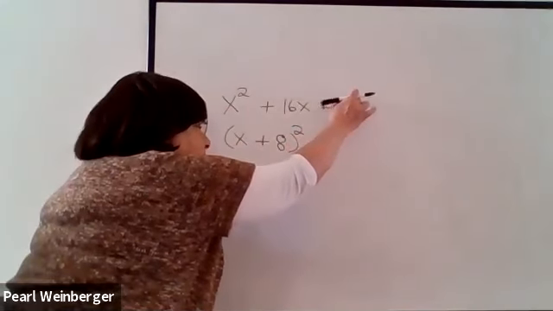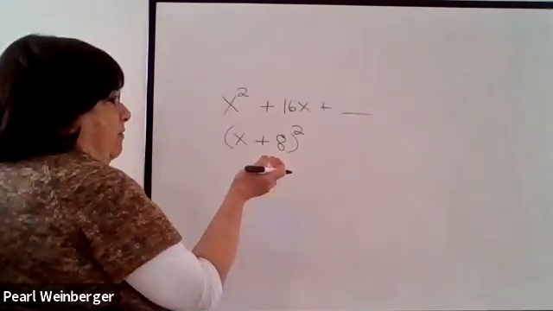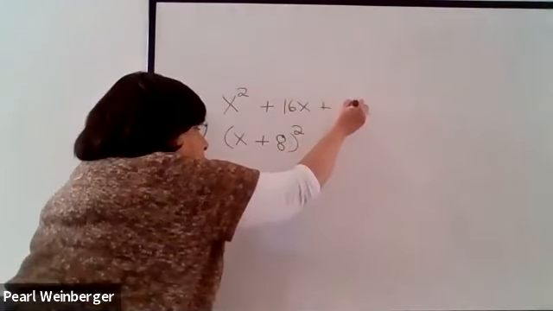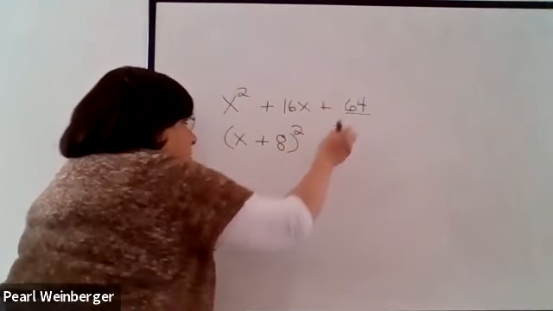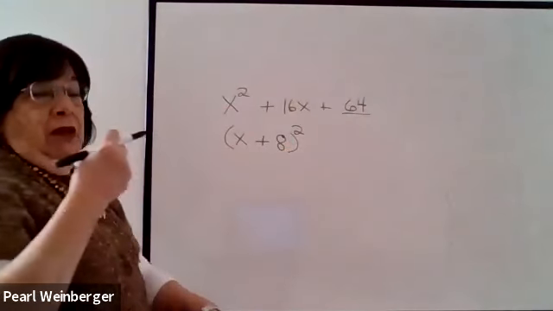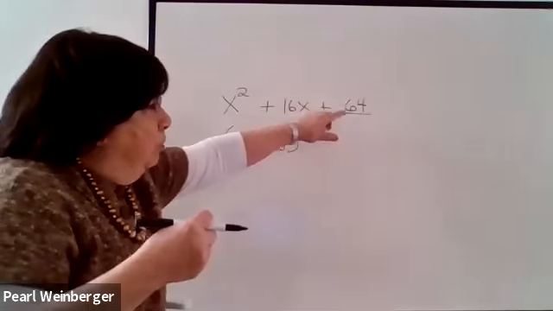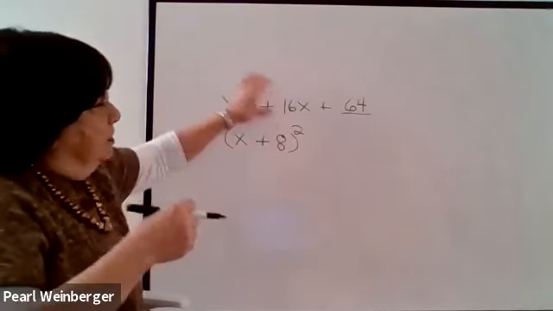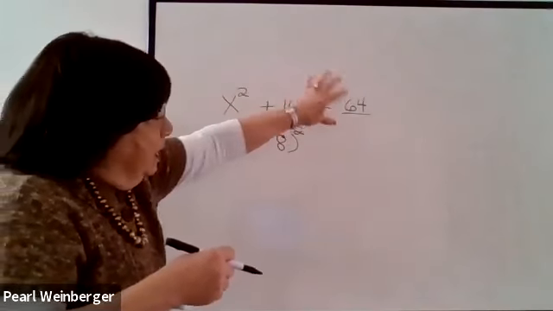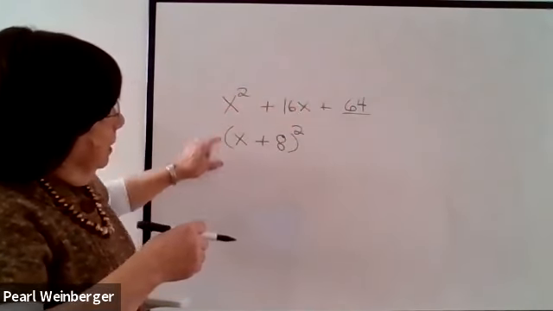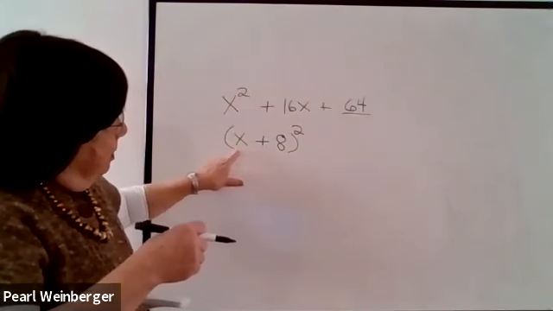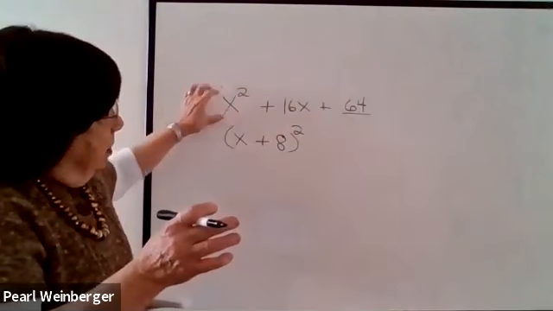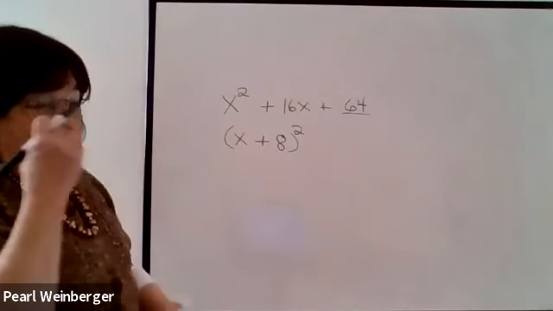But what would this number have been? Well, obviously that number is always this number squared. So that would have been 64. If I add 64 to this expression, to the two terms that I already had, to get a trinomial, it will be x plus 8 times x plus 8, the binomial squared.